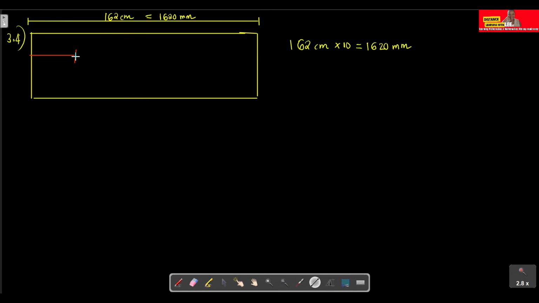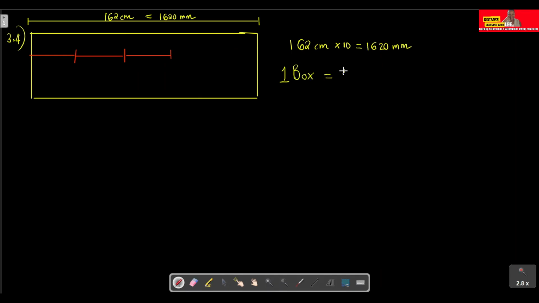Let's say one is 345, the other one is 345, the other one is 300. How many 345 millimeter boxes can we fit into 1620 millimeters?